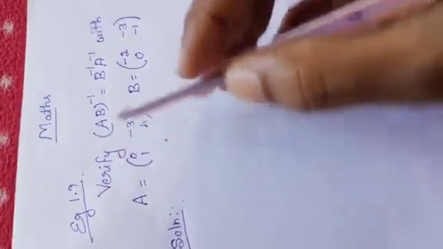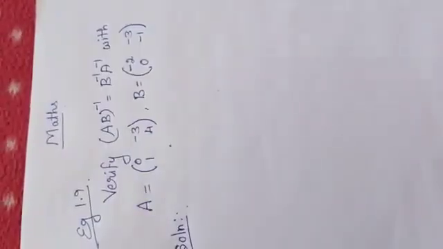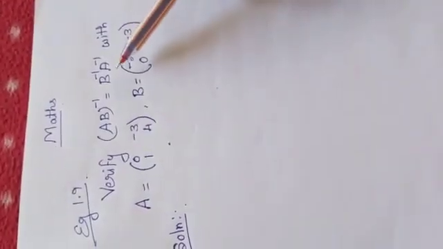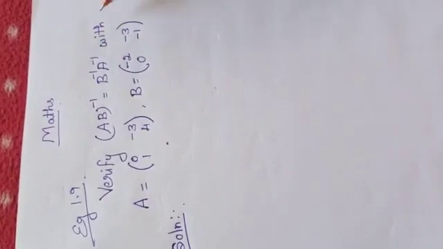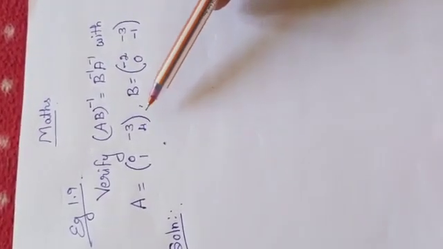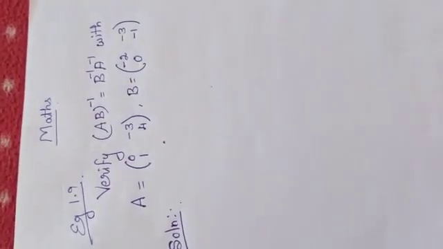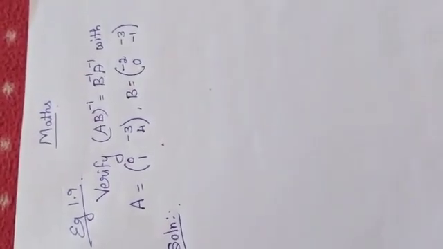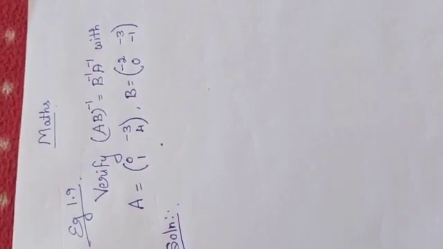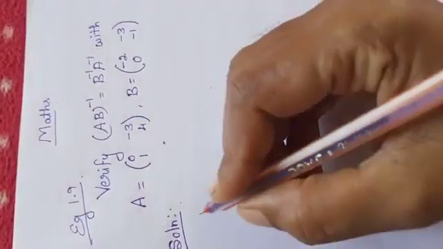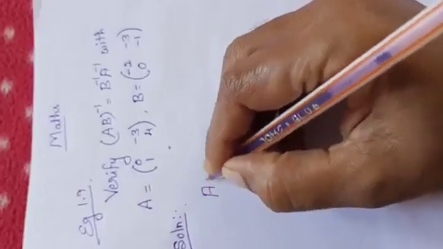Say example 1.9, verify (AB) inverse is equal to B inverse into A inverse, where A is a 2 by 2 matrix and B is also a 2 by 2 matrix. Simple problem. (AB) inverse, what's the formula?